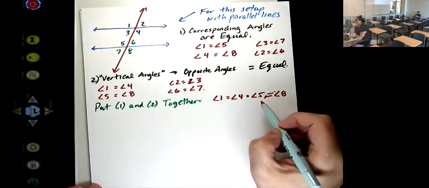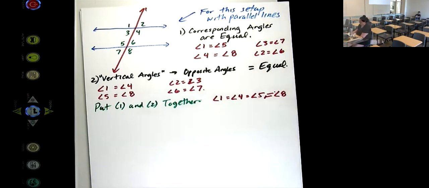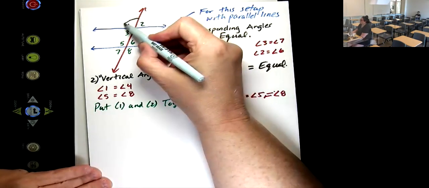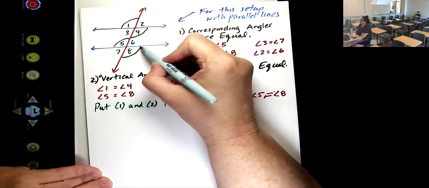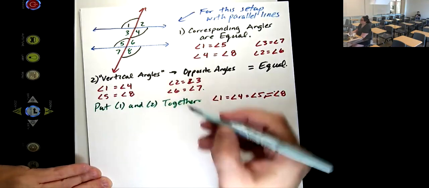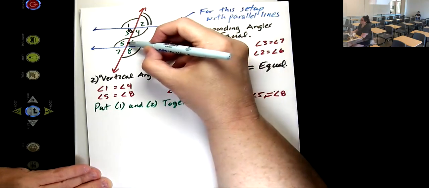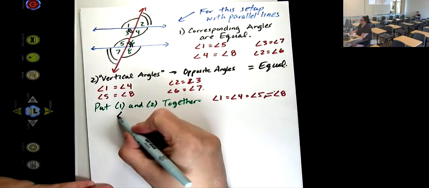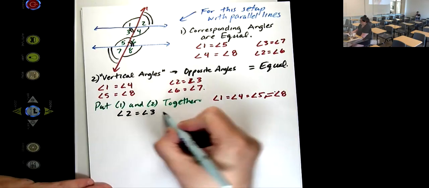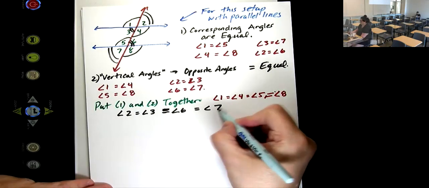So we can put them all together, they are all the same angle. Maybe I'll use a single black line like this, and then the double black line. Angle 2 equals angle 3 equals angle 6 equals angle 7.